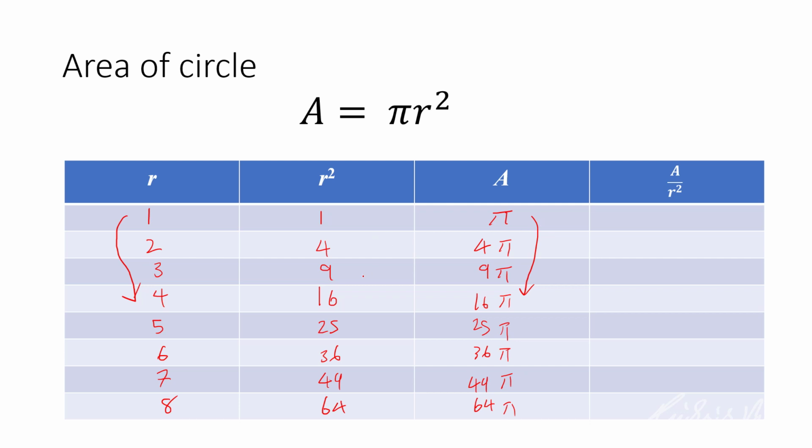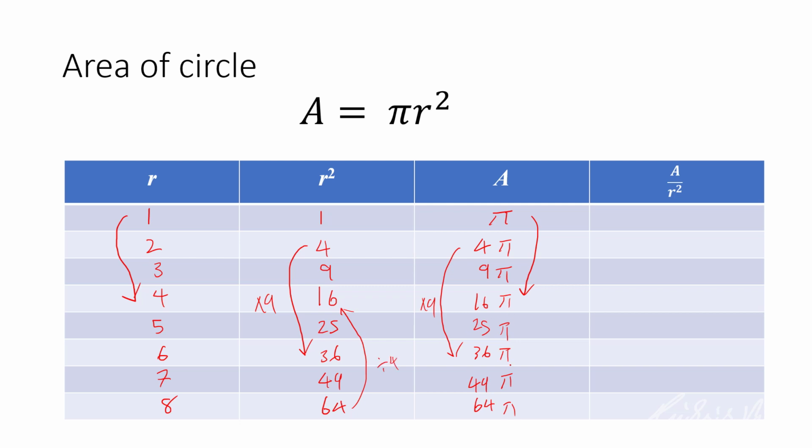However, if we look at, let's say, the r squared value, from 4 to 36, there's a 9 times increase. Area, right? There is also a 9 times increase. 64 to 16, there's a decrease of 4 times, alright?